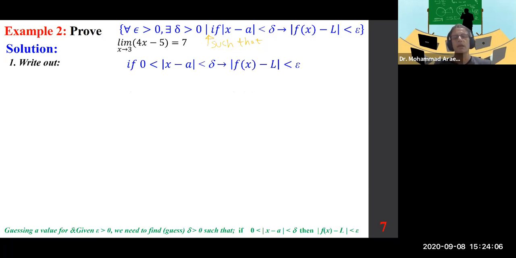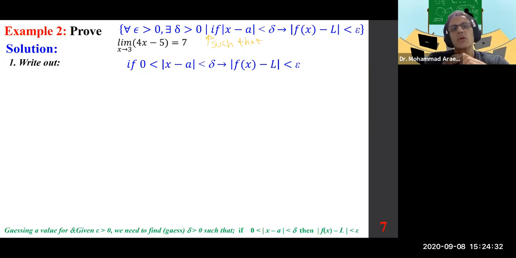All right, so let's get started. The very first step is: absolute value of x minus a is less than delta, if absolute value of f of x minus L is less than epsilon. Let's just plug in. So x is x, okay. A is what? Number 3, okay. F of x is 4x minus 5, and L is what?